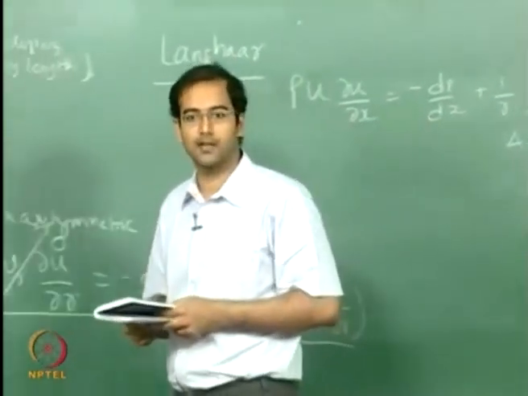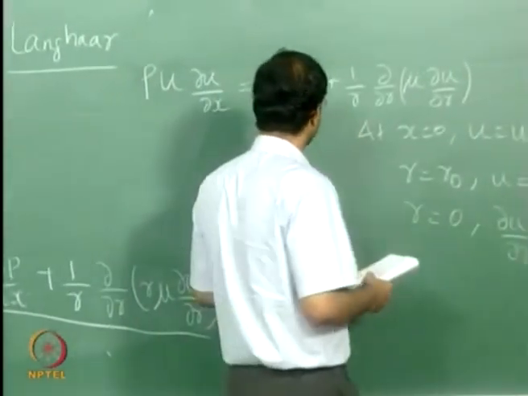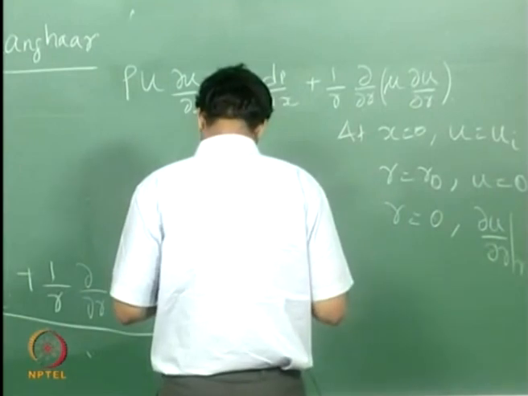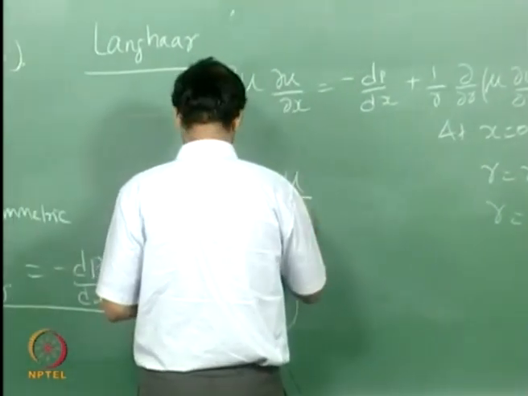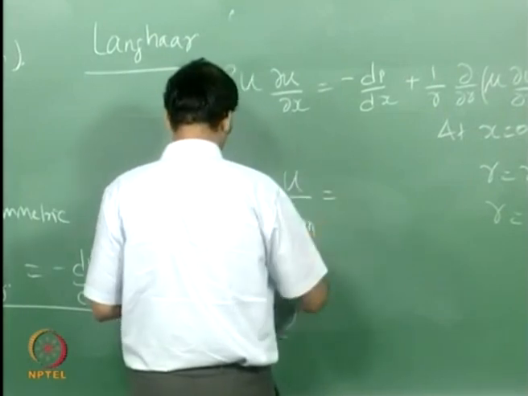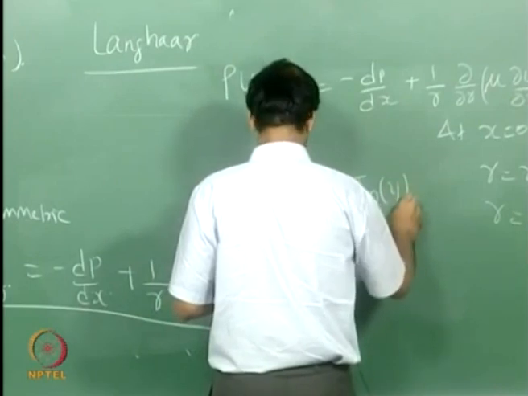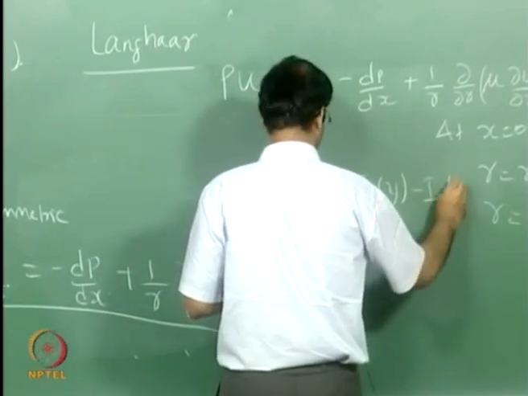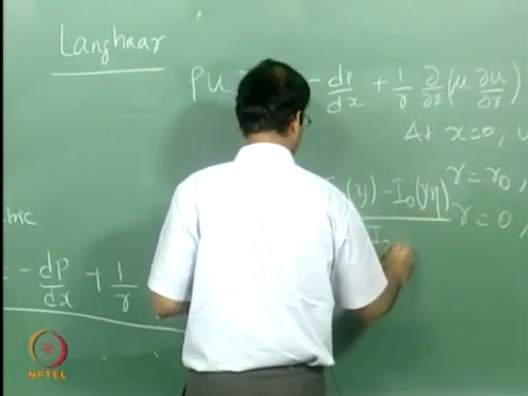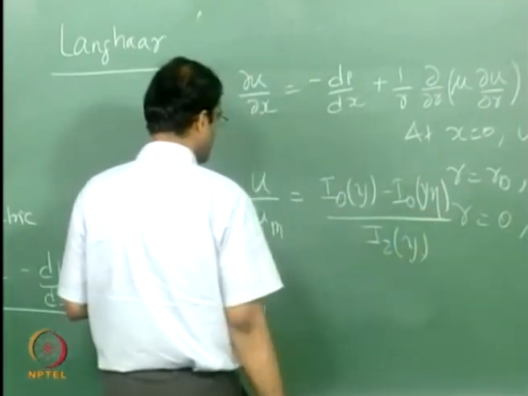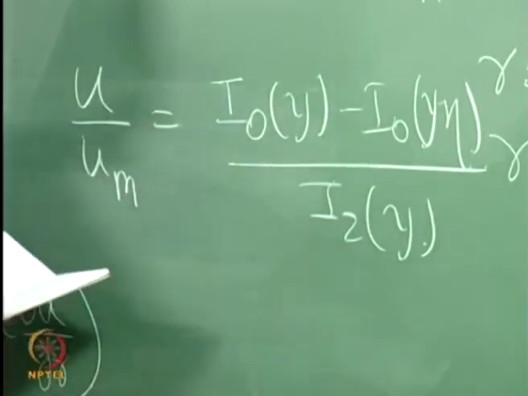Of course, you cannot find a closed form analytical solution because of all these terms right here, and he got a velocity distribution which was in terms of Bessel functions. Okay, so these are the Bessel function of the 0th order, and this is the second order Bessel function.